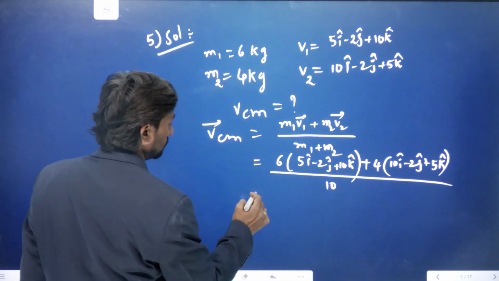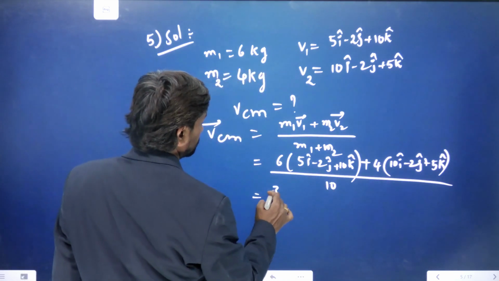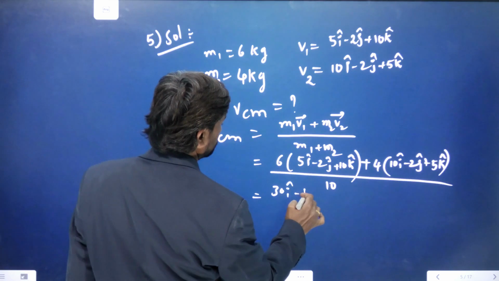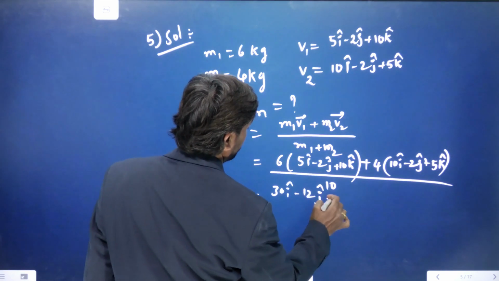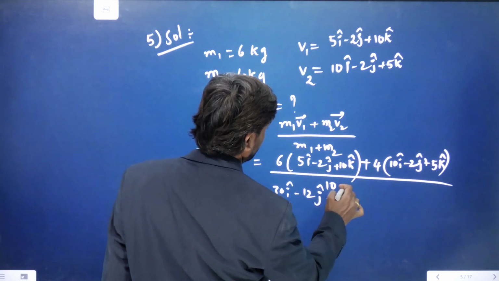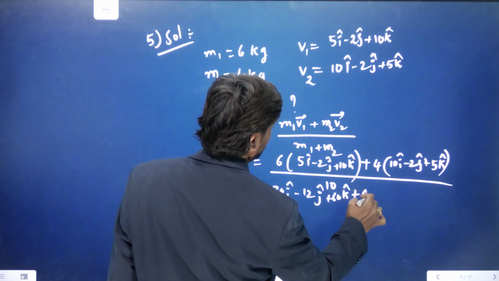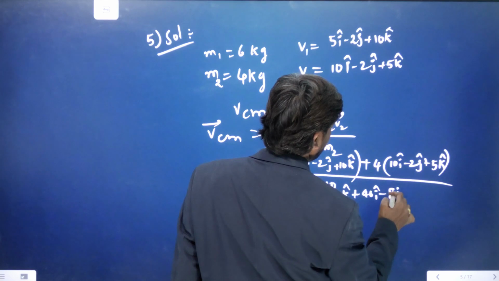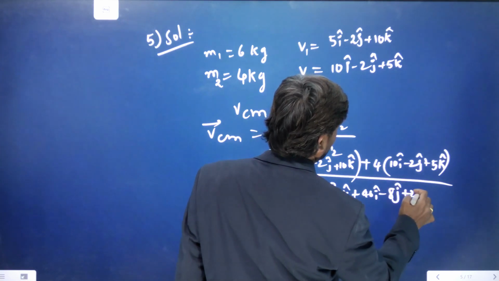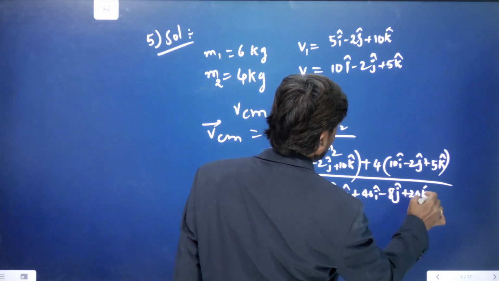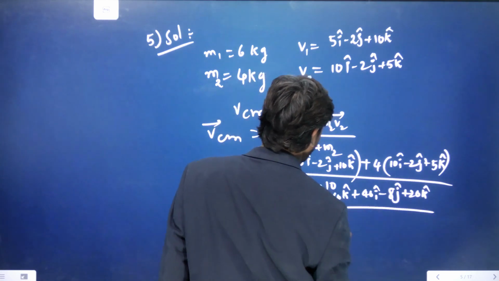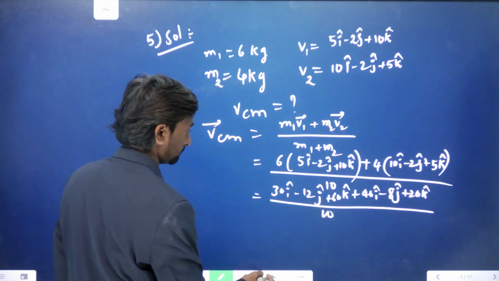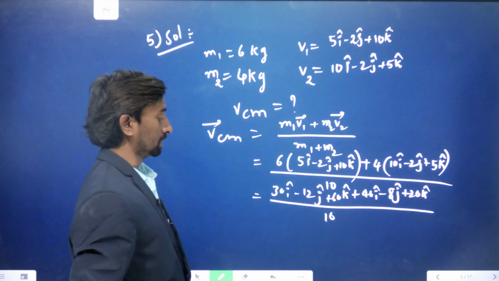So now we multiply: 30 i cap minus 12 j cap plus 60 k cap, plus 40 i cap minus 8 j cap plus 20 k cap, divided by 10.